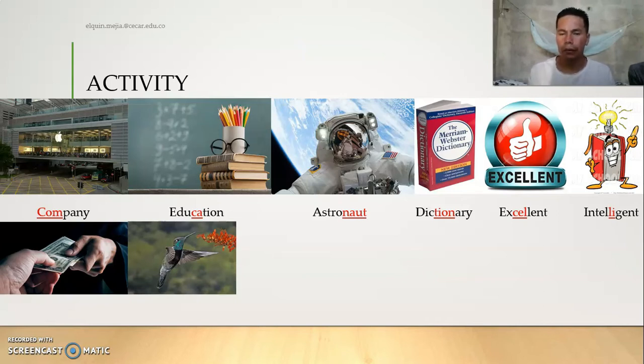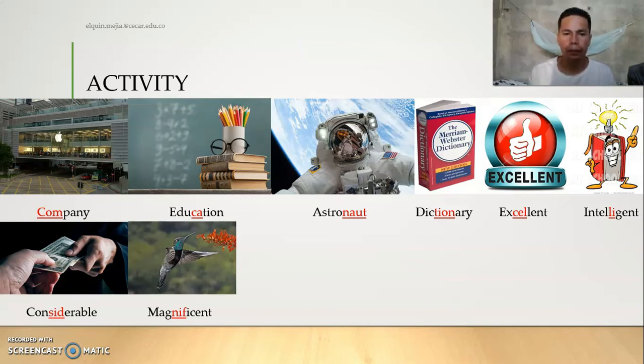Intelligent. Considerable. Magnificent. Okay, student? Repeat it after me. Company, education, astronaut, dictionary, excellent, intelligent, considerable, magnificent.